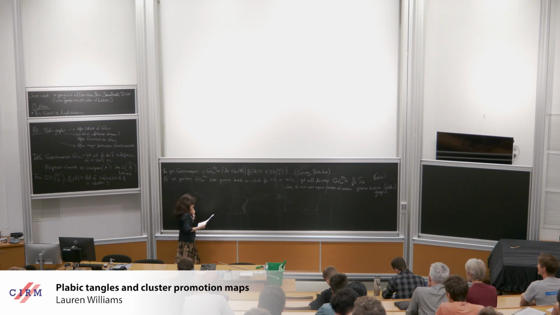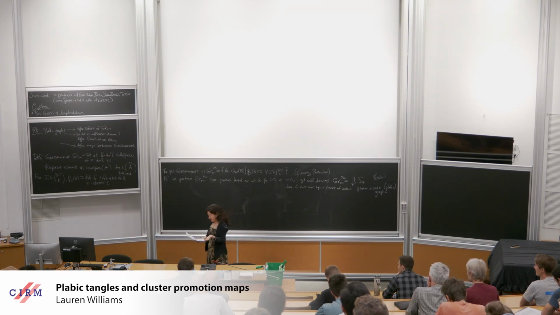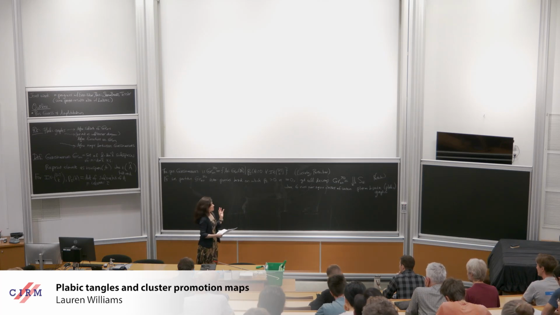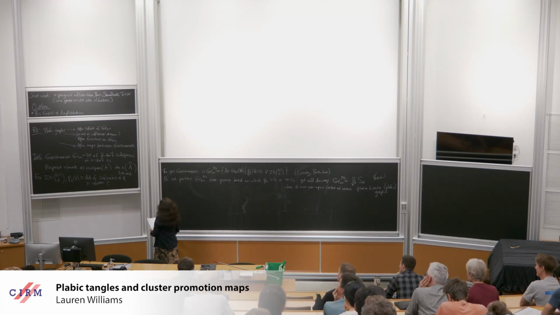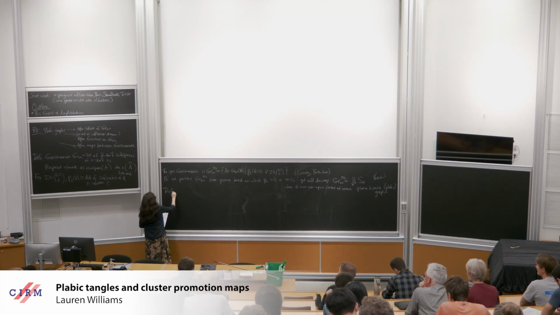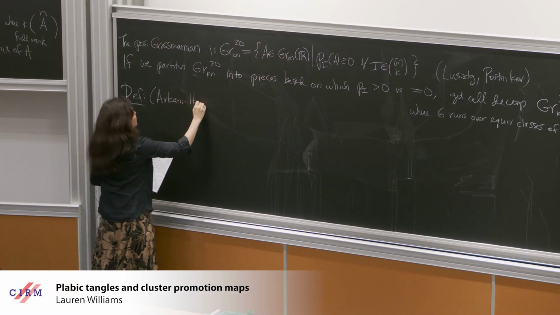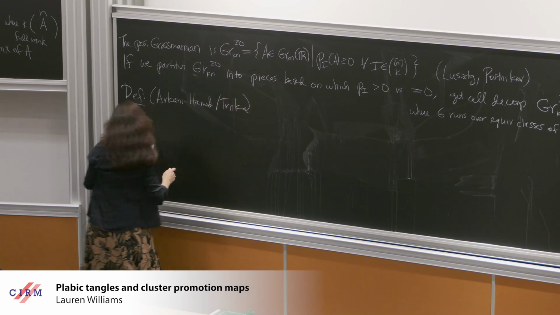Now, we heard about scattering amplitudes and the amplituhedron a bit in Pasha's talk yesterday. Pasha said the word amplituhedron many times without defining it, as far as I recall, so I'm going to define it. So this is a definition of Arkani-Hamed and Trnka.